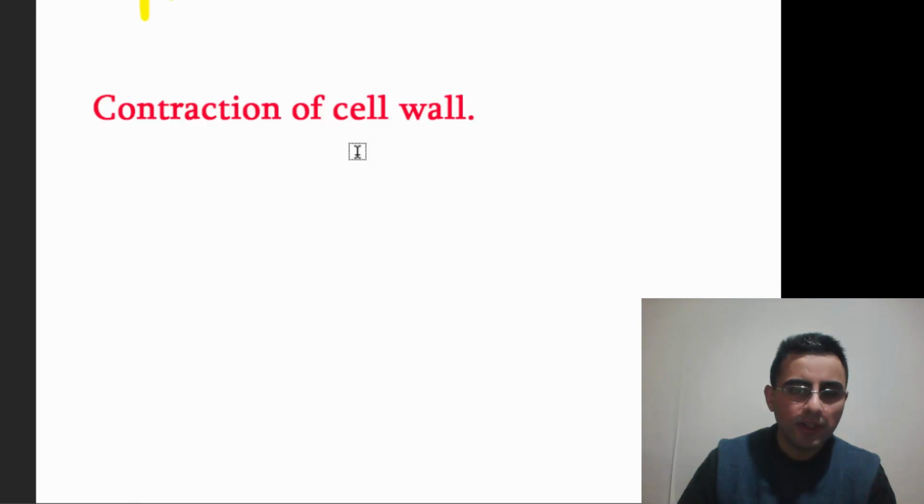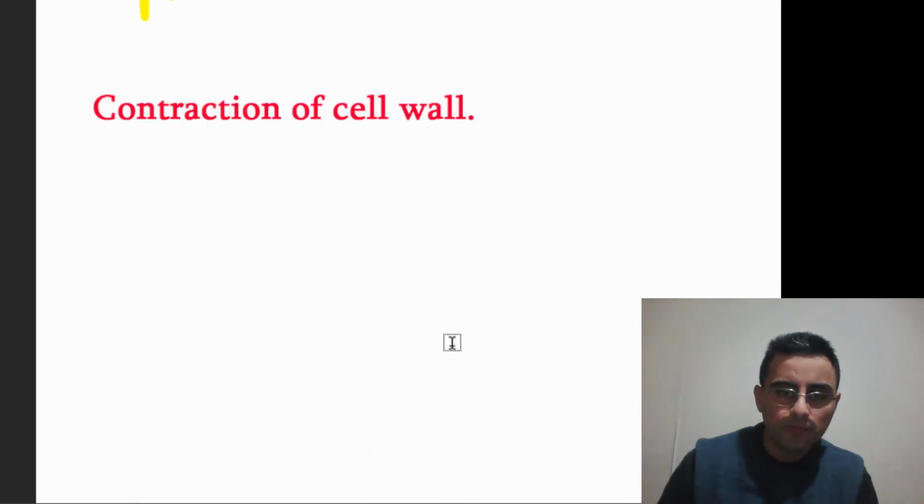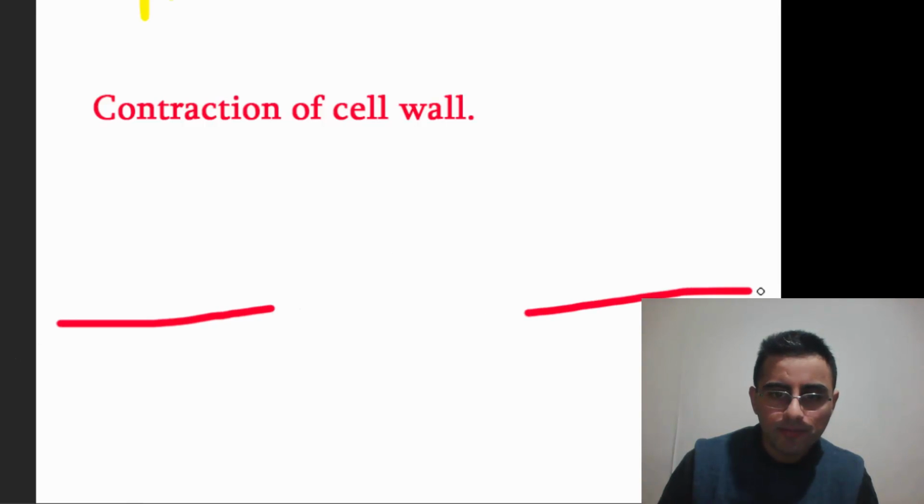Then after this contraction, collagen is exposed from the damaged area. Let's paint it. Here, let's do it in red. Here is the damaged area. This is the damaged area, and here is collagen.